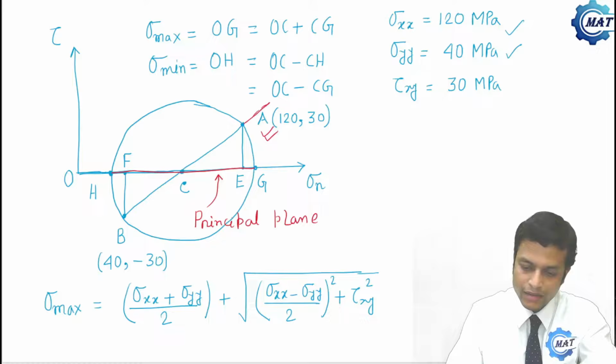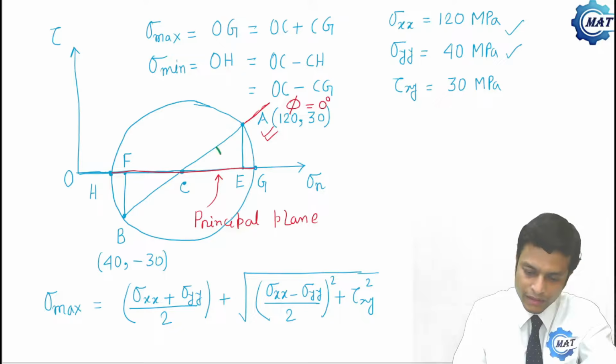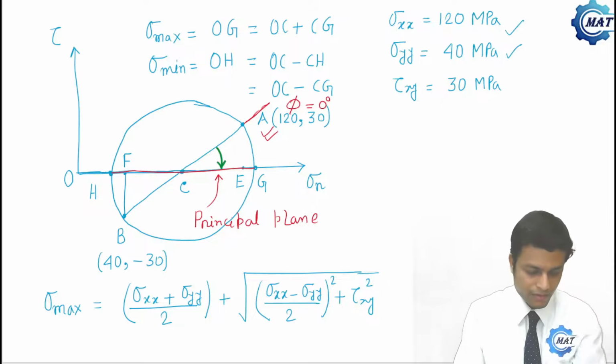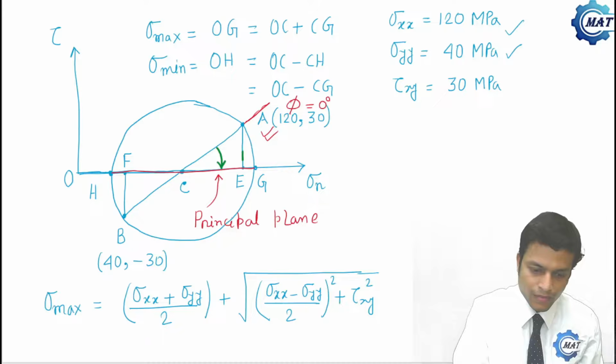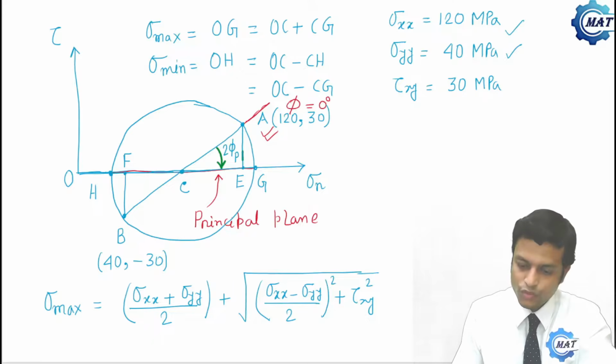So this line shows phi is 0 degree. Now what is the orientation of principal plane? Let me write it down once again. This angle is 2 phi p, where p represents principal plane.